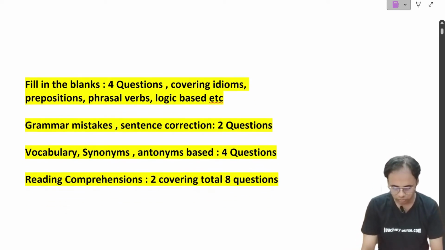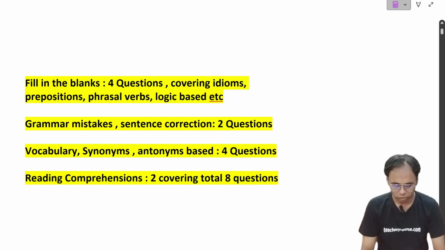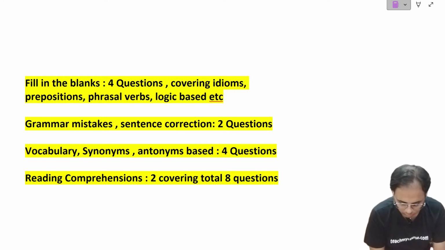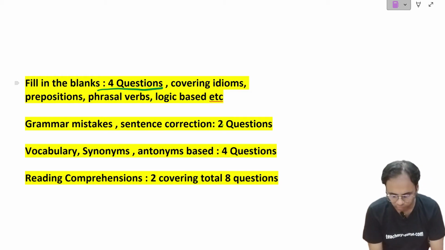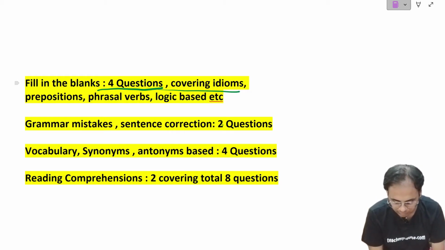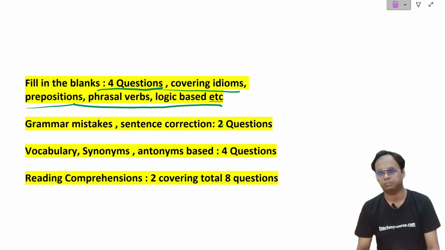So, a total of 18 questions, and let's see a breakdown of them. Here we have fill in the blanks. Four questions will be based on fill in the blanks, covering concepts like idioms, prepositions, phrasal verbs and other logic based concepts.